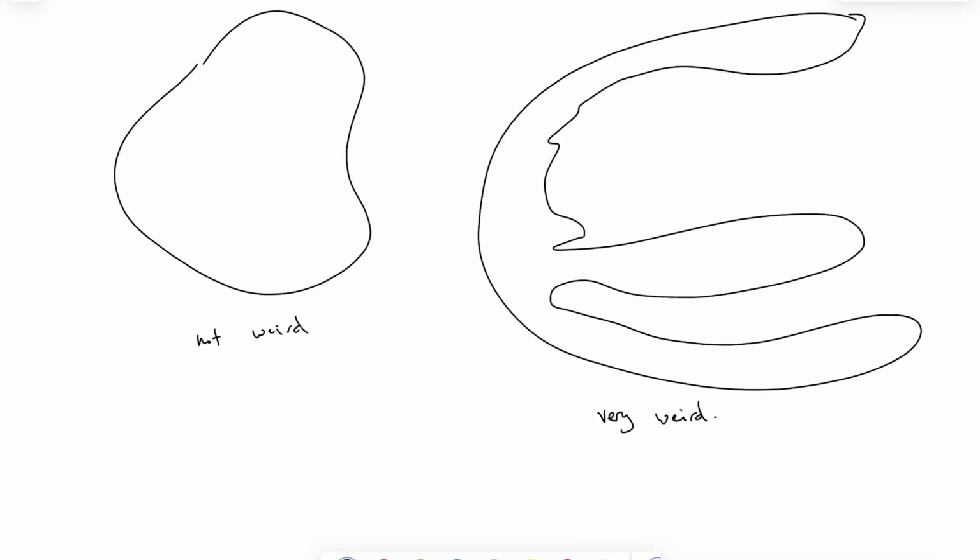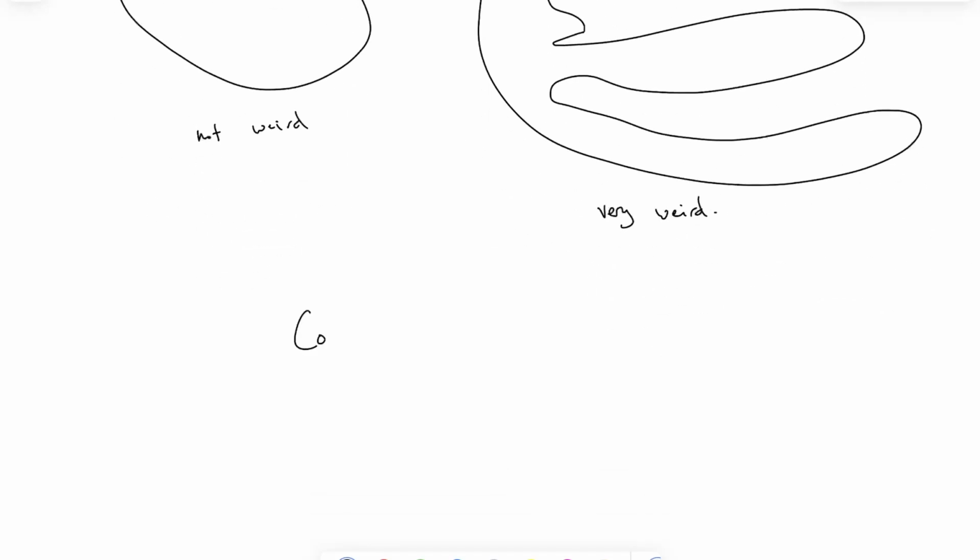But in real life, if you want to actually do serious business involving shapes like this, you need to have some specific way of measuring how weird it is, not just sort of vibes based by just looking at it and saying that looks pretty weird to me. You need to actually have a real method for measuring it.